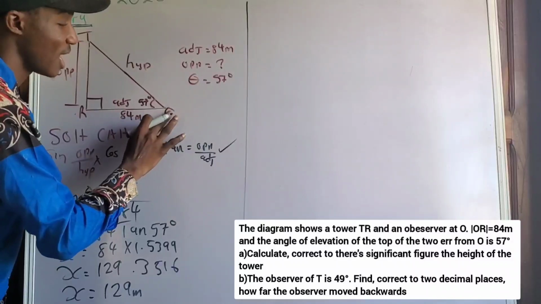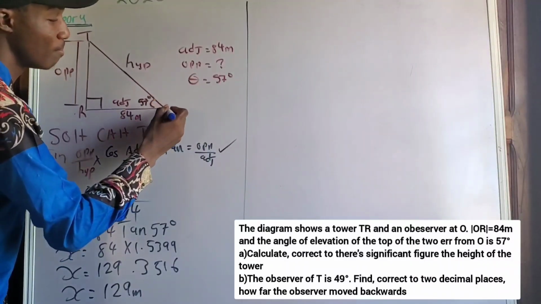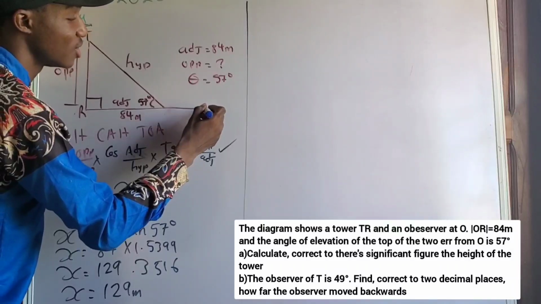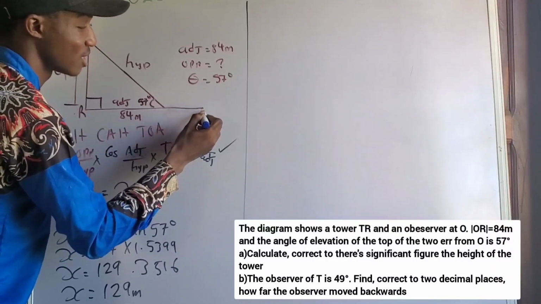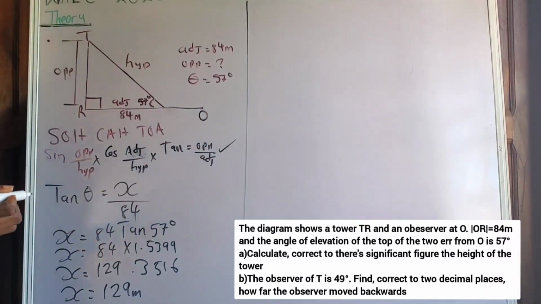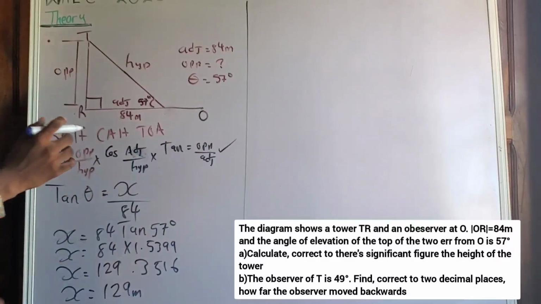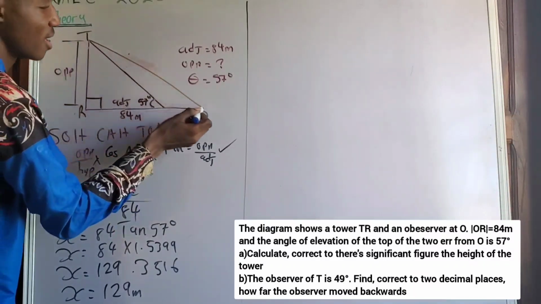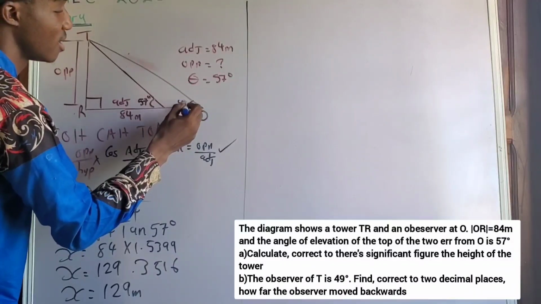So the observer at O moved backward until the angle of elevation is 49 degrees. So he moved from this point to this point. So O will be here now, until the angle of elevation is 49 degrees. That is, the angle here now is 49 degrees.